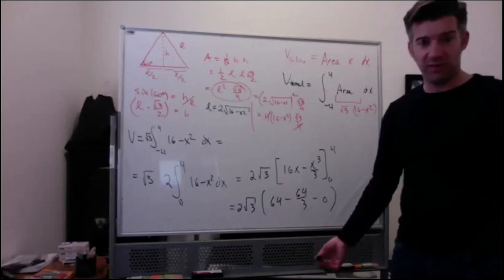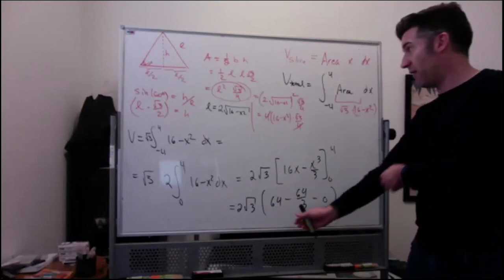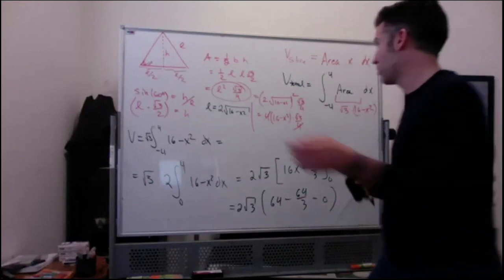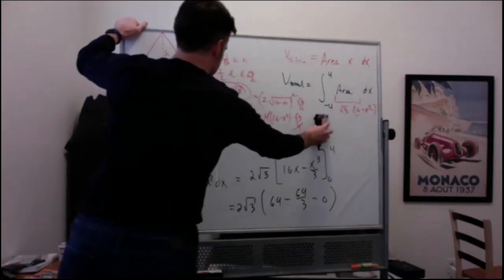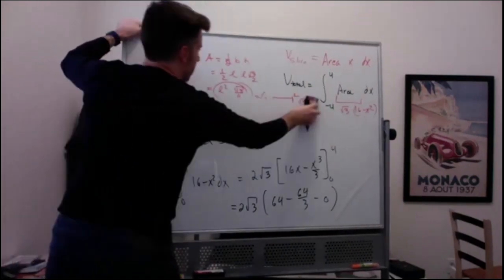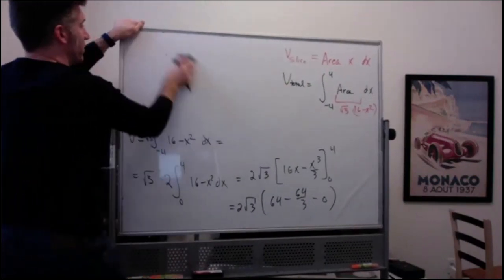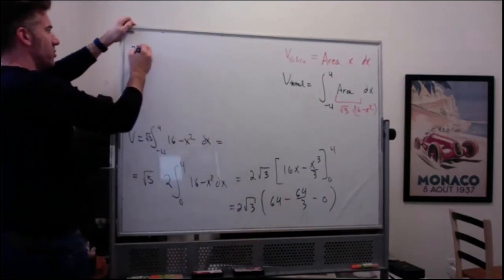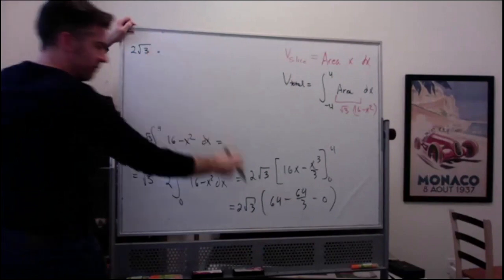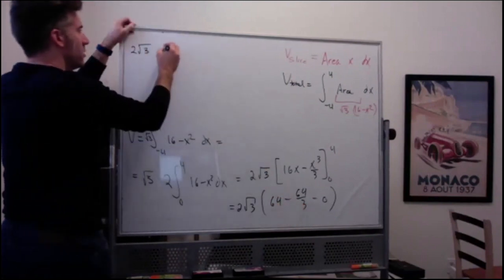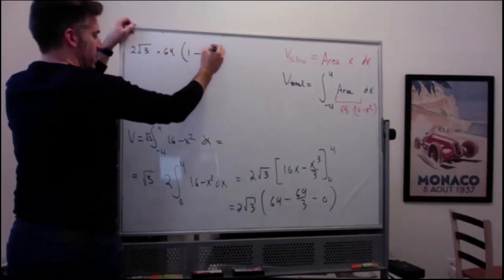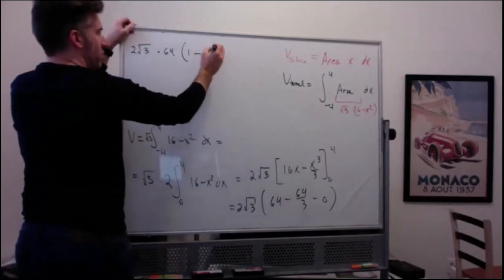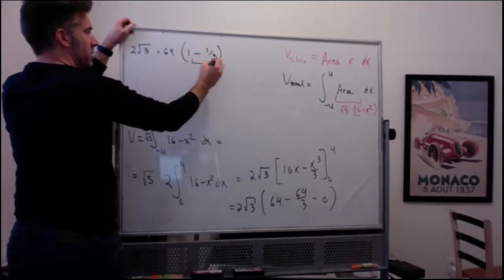You could also factor out, I really am a fan of factoring out the 64. So I'm going to write it that way so you guys can see it. Really, whatever works for you is fine, as long as it works. So I'm going to write this as, hey, I've got 2 root 3 times, I'm going to pull out the 64, and I'm left with 1 minus 1/3. That's 2/3.